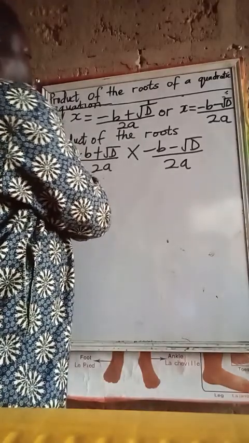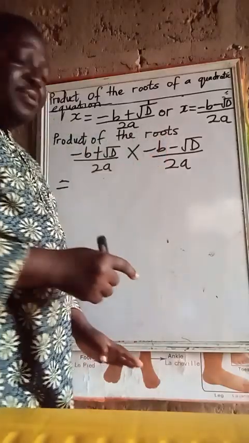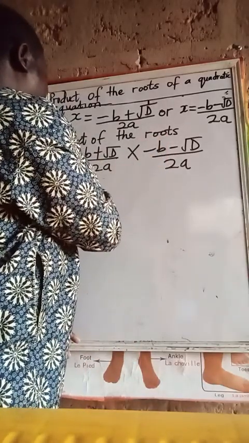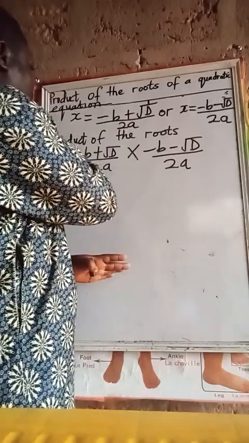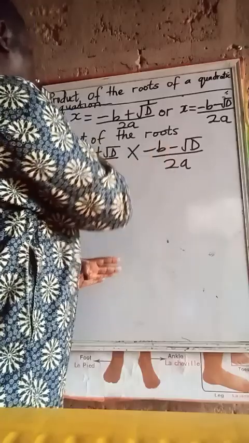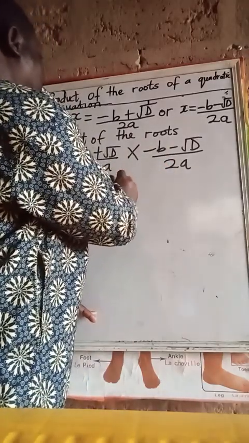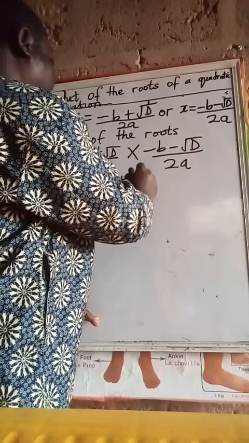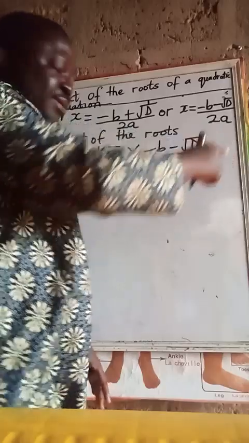Now let us simplify. Minus b times minus b. This will give us b raised to power 2. Then minus b times minus root d. So minus times minus is plus. So this becomes plus b root d. Then let us use this plus root d to multiply everything.